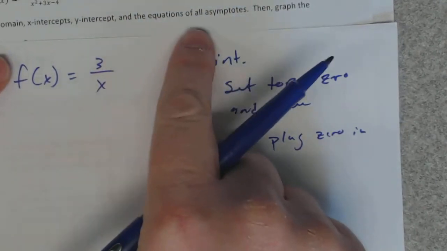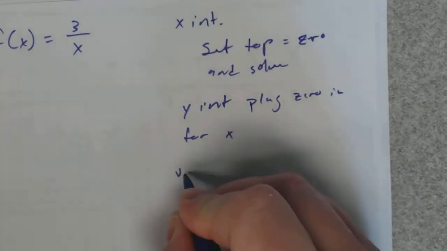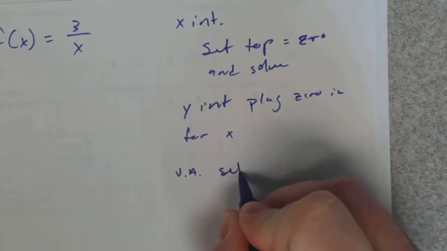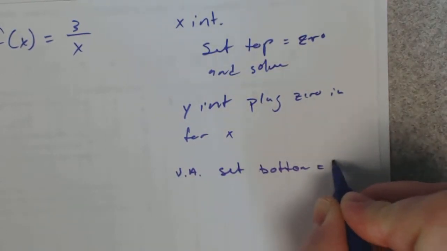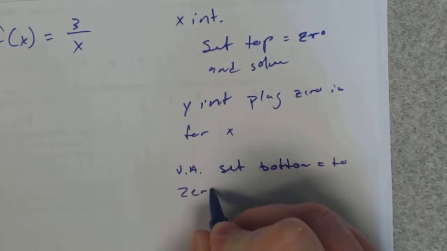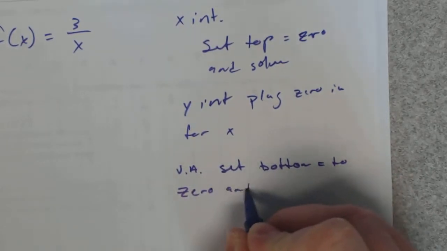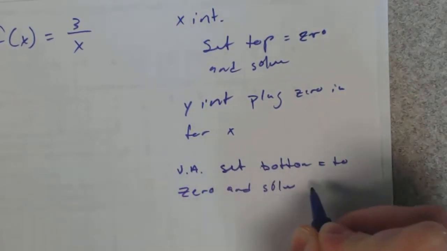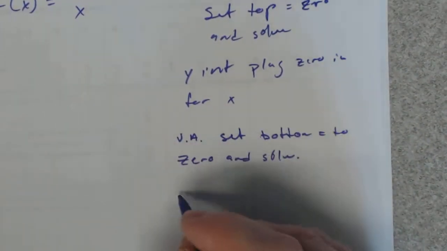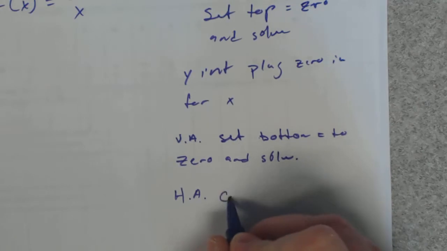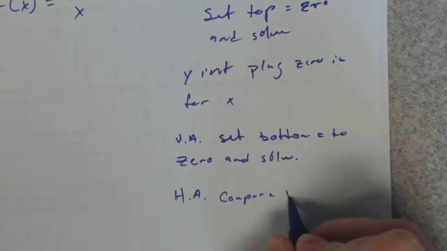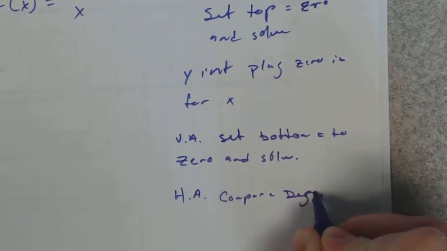To find my asymptotes, remember the vertical asymptote, we're going to set the bottom equal to 0 and solve. And then for the horizontal asymptote, we're going to compare the degree at the top and bottom.